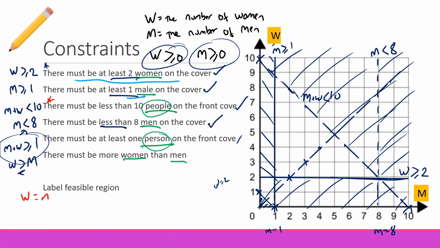And now what I'm going to say is the number of women must be greater than the number of men. So we're going to check a point. Now I'm not going to check 0, 0 because the line goes through 0, 0. So I'm going to check this point here, which is M equals 5, W equals 3.